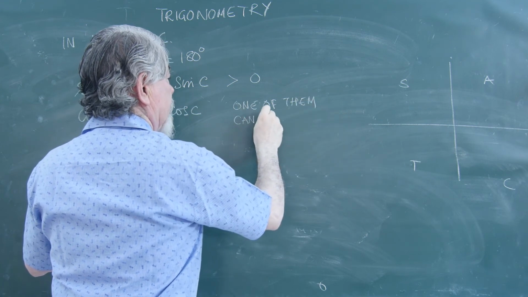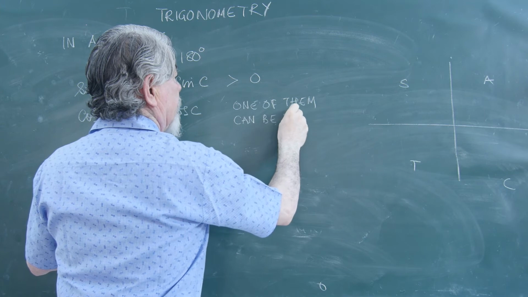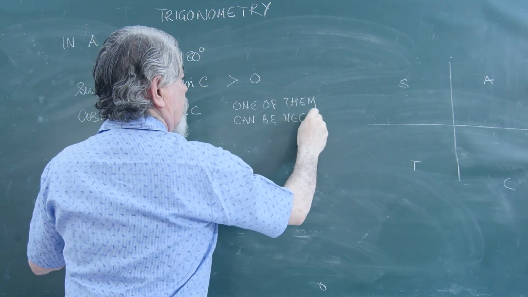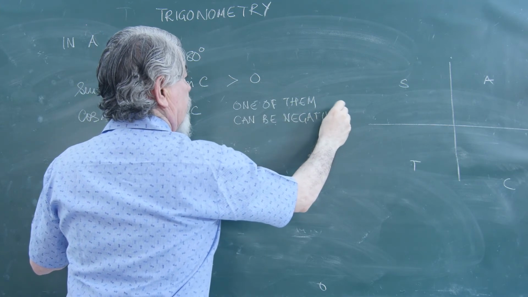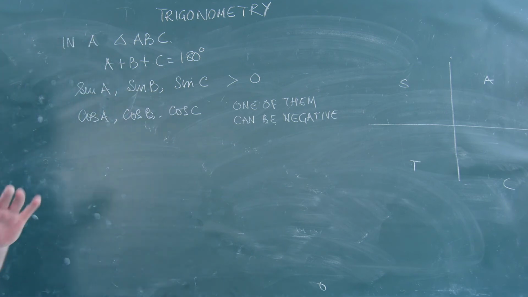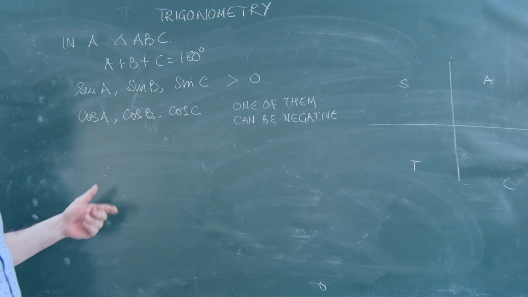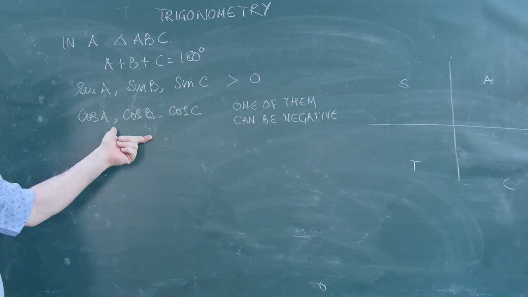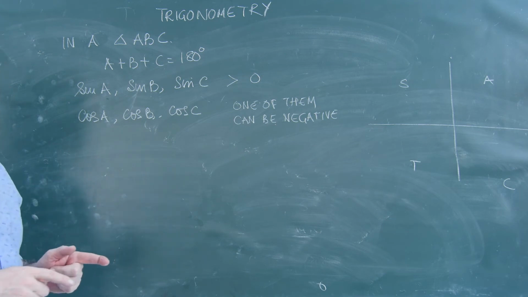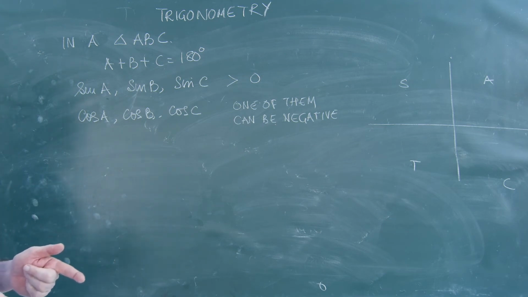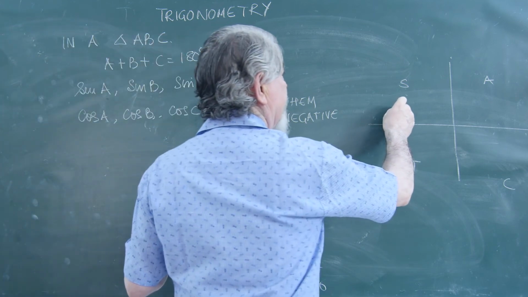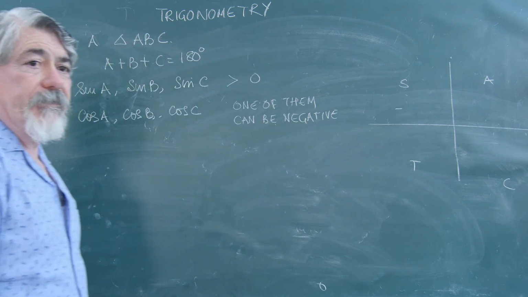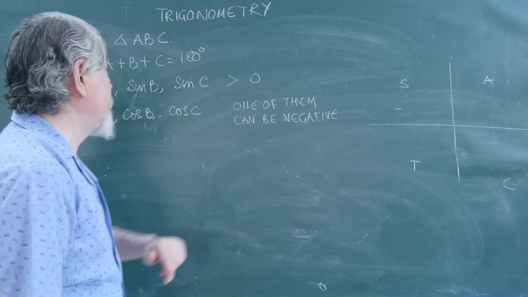What does it mean? You see, if A, B, C are acute, there is no problem. But if one of the angles becomes obtuse, then cos(180 − θ) is −cos θ. Cos will be negative here. That is why it becomes like that.